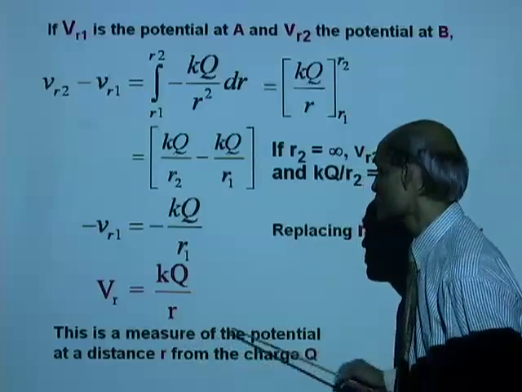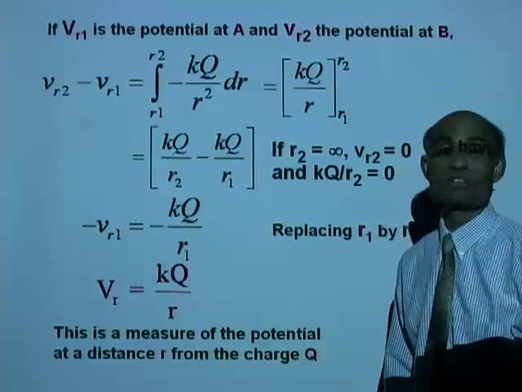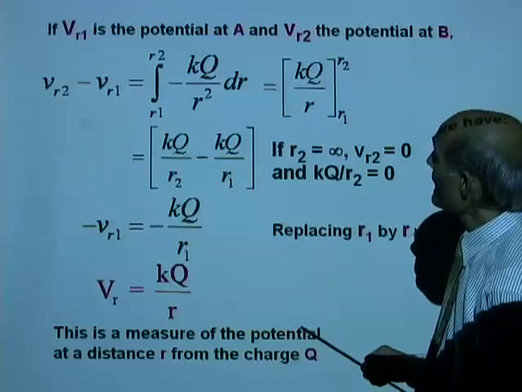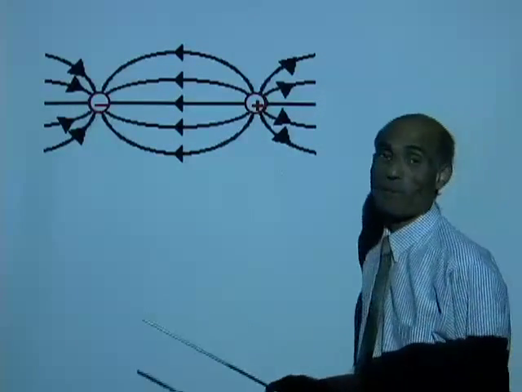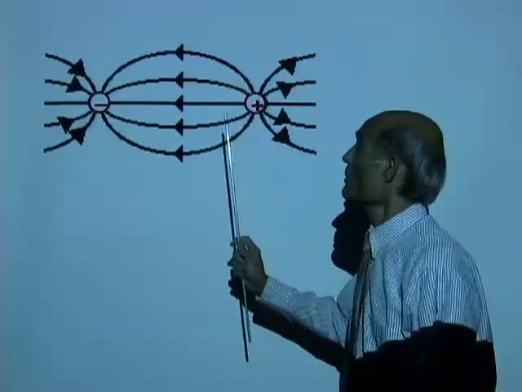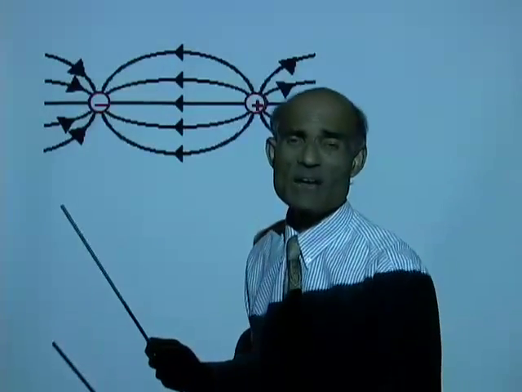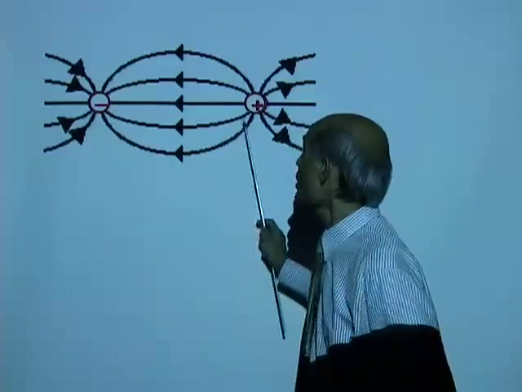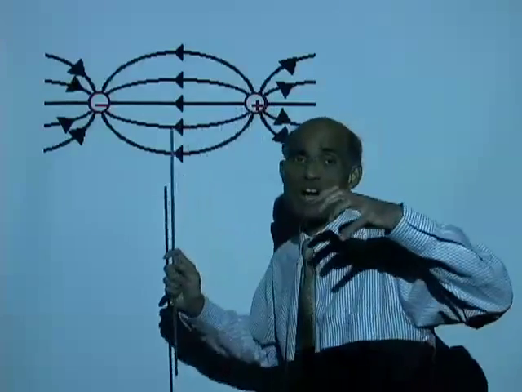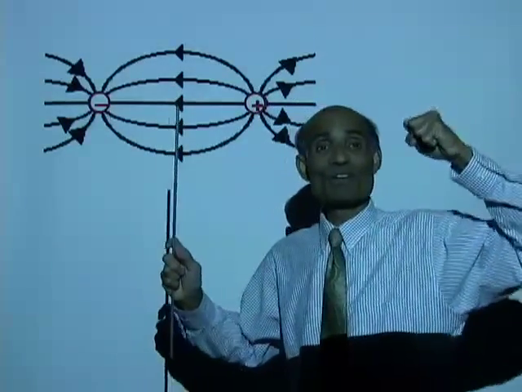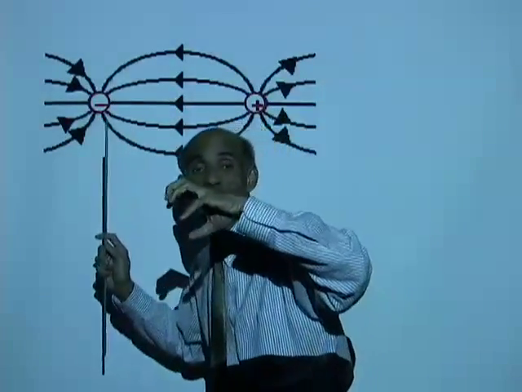Now this is a measure of the potential at a distance R from a charge Q. Now, one thing we must understand, if the potential due to a positive charge is a high potential, then the potential due to a negative charge will be a low potential. You see that?